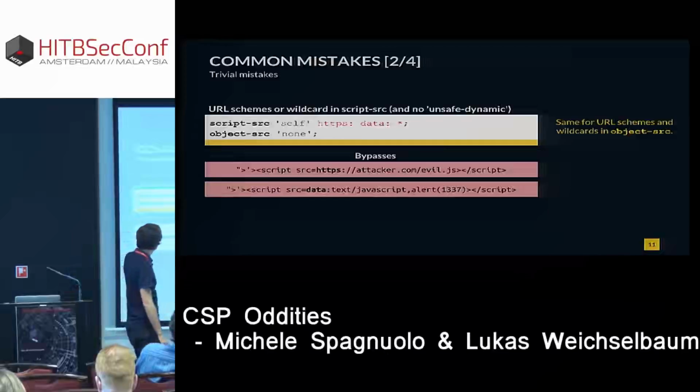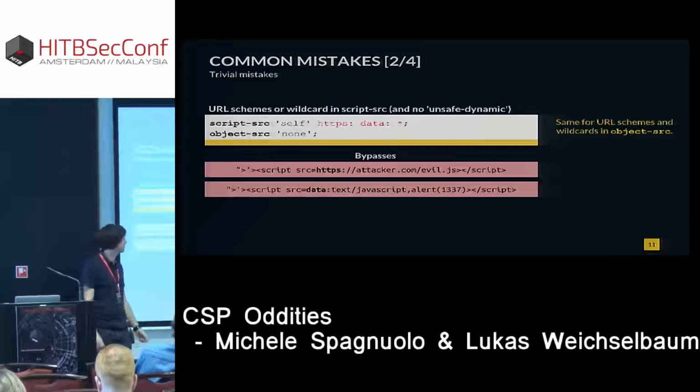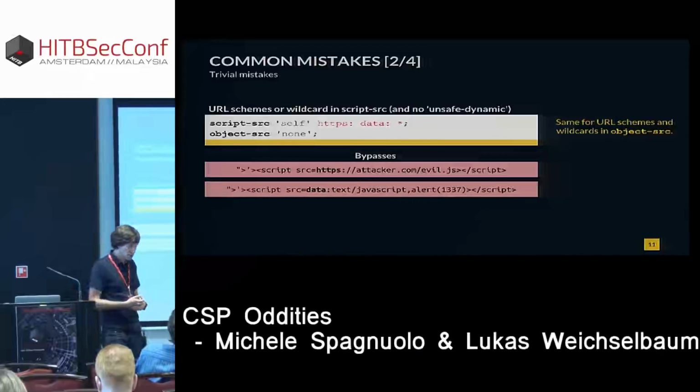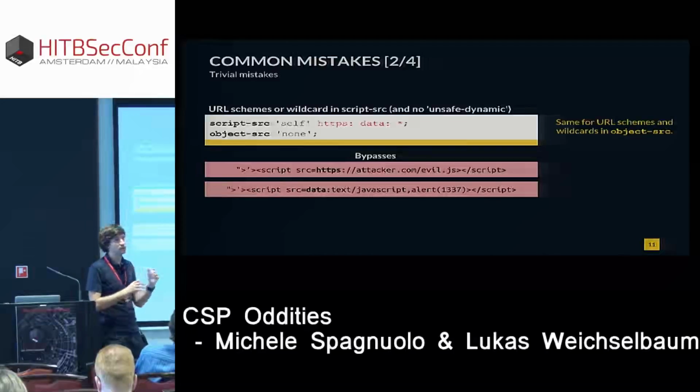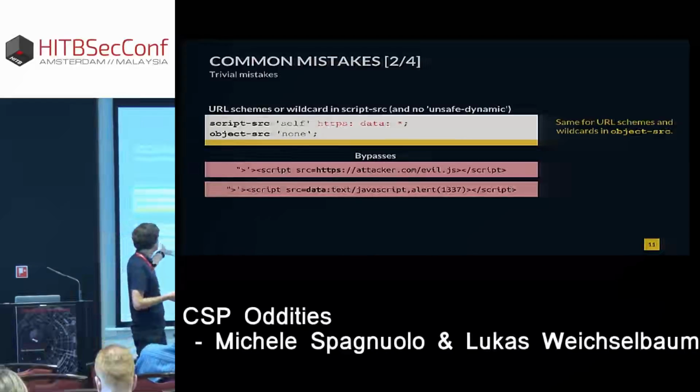Instead of inline script, you would just source it from any HTTP or HTTPS endpoint, and it will work as well. Or if there's data, you just create a data blob with the script you want to execute. Maybe if there's a length restriction for the XSS, it might help to some extent, but it's pretty useless. Star as well, right? Star just means you can include anything.